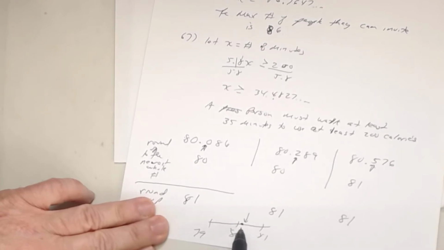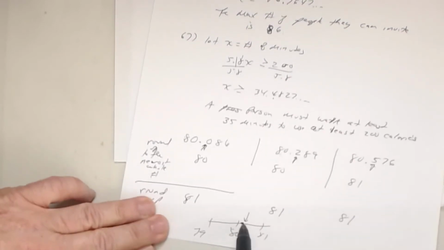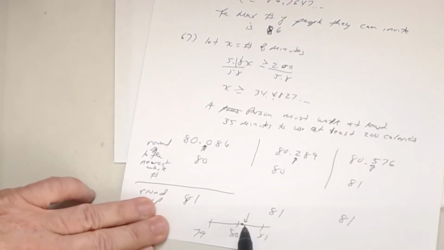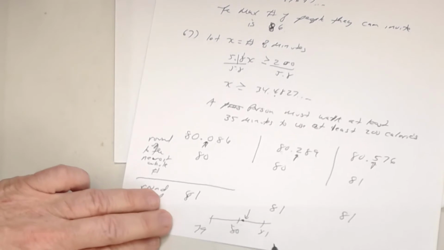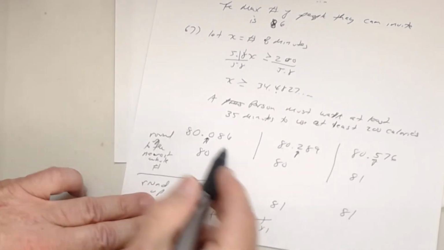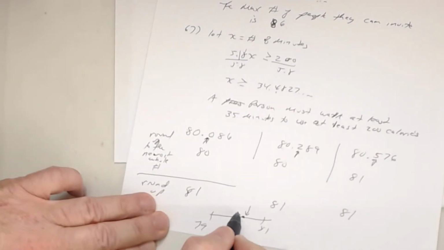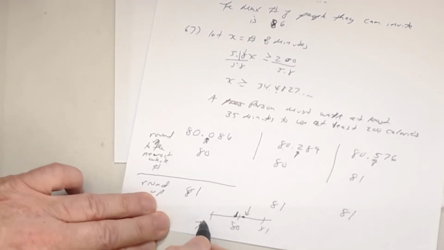If I say round up, what's the next whole number after it? 81. Now, if this was 79 point something instead, and I say round down, then it's 79. If I say round up, then it'll be 80.